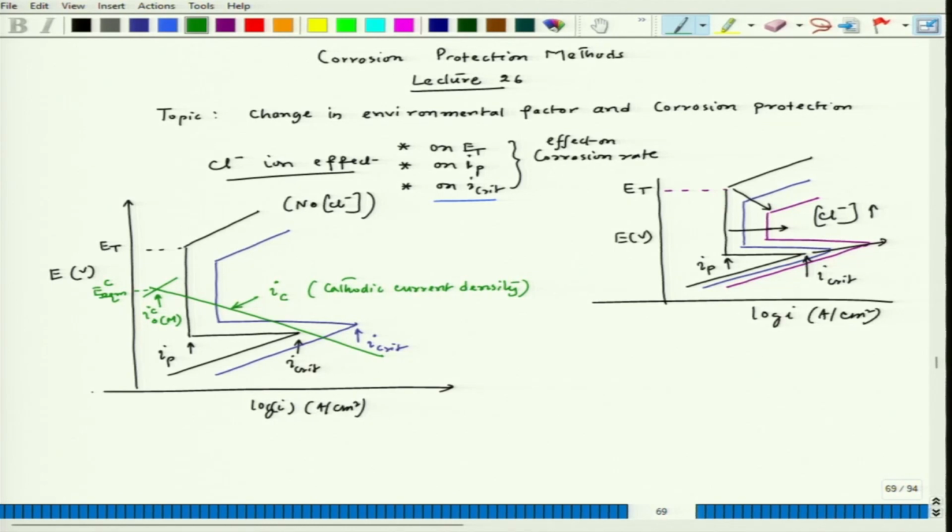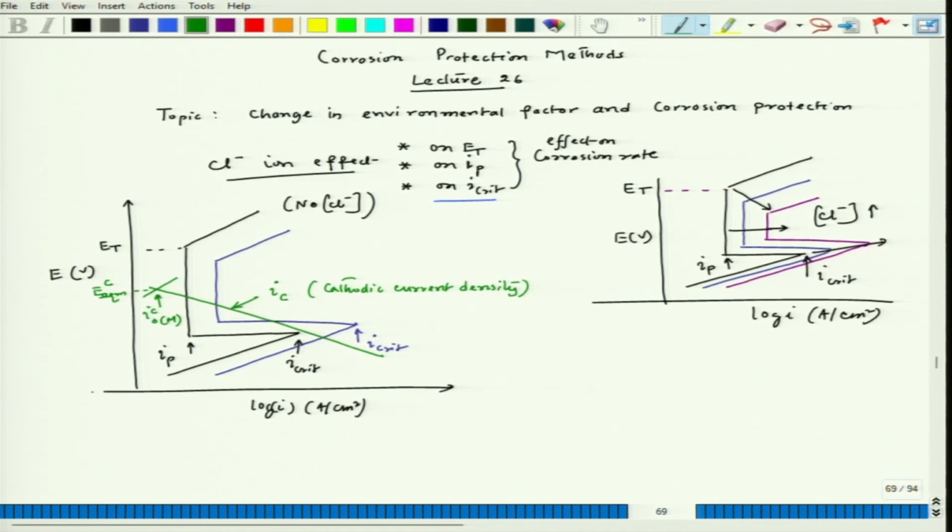Now, these two plots, the green one as well as the black one, are there, and as per mixed potential theory, a unique potential is achieved where the total rate of cathodic reaction is equal to the total rate of anodic reaction.